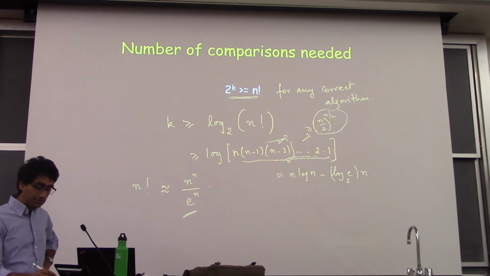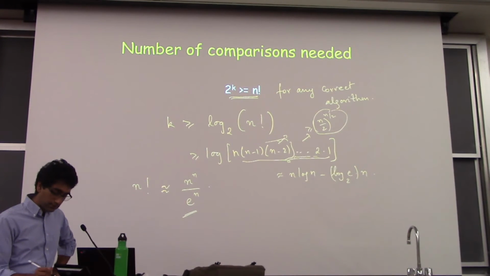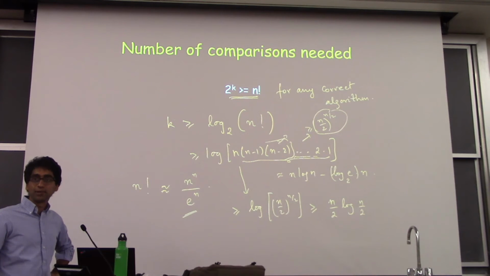And so what that means is that this log term is bigger than or equal to log to the base 2 of n by 2 to the n by 2, and this is at least n by 2 times log of n over 2. Log of n over 2 is just log n minus 1, right?